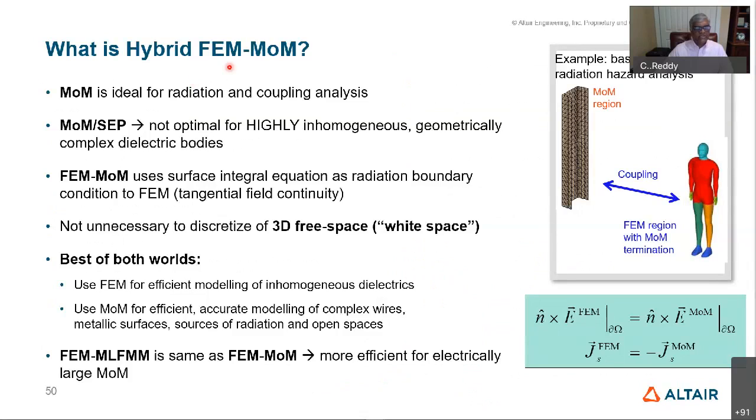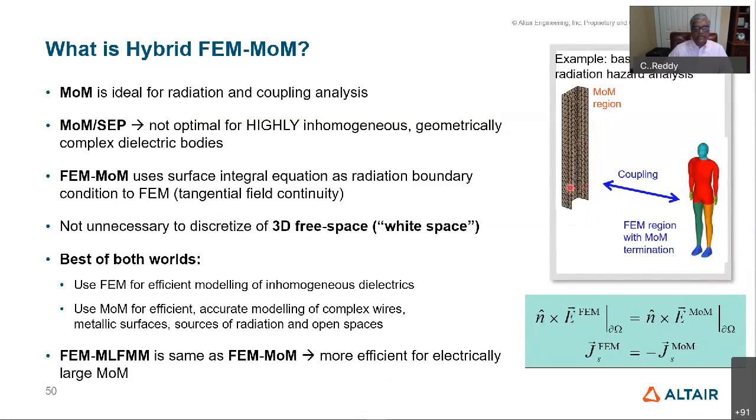This is where the hybridization can help, FEM with method of moments. So let's say you have a human body with multiple dielectrics, this is where you can apply FEM inside the body. And of course, you can truncate with the method of moments or MLFMM if you have an antenna close by. If you have to do this purely with FEM, you have to create a big air box and discretize the whole volume.